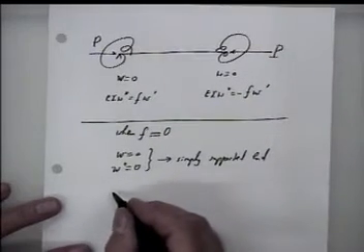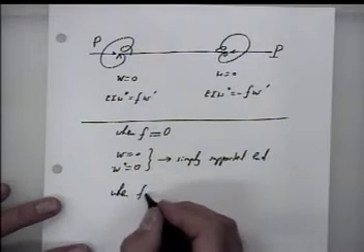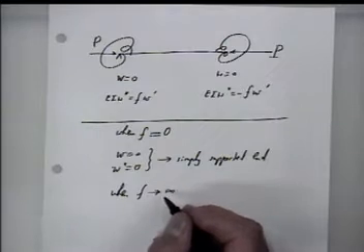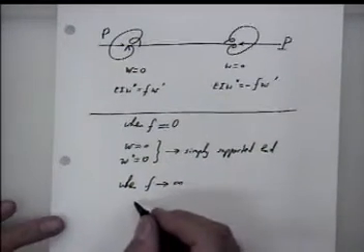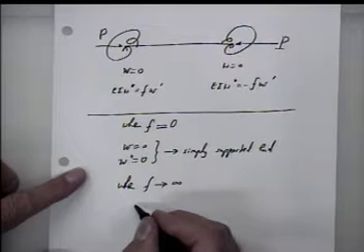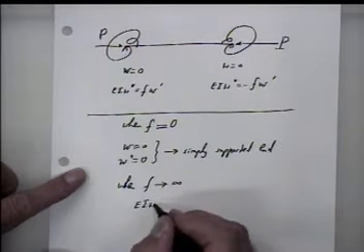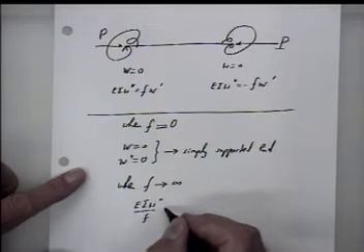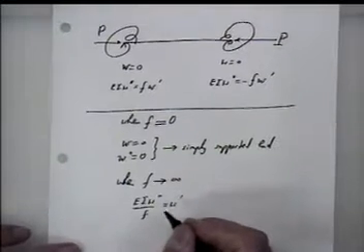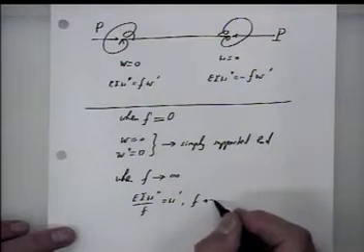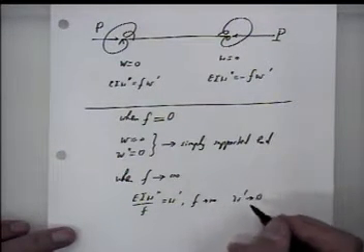And on the other hand, when F goes to infinity, then actually we can divide by F, and we get EI W second derivative over F equals W prime. And when F goes to infinity, W prime goes to 0.